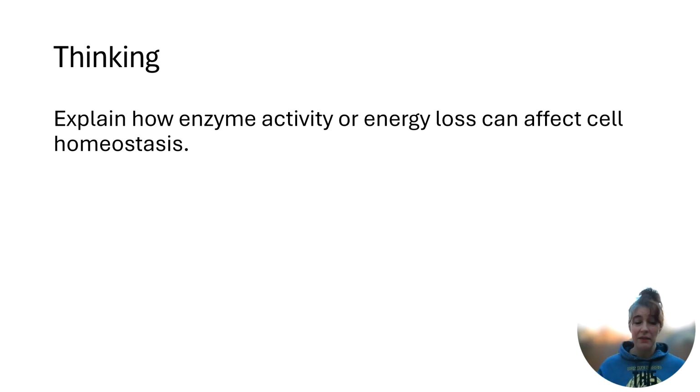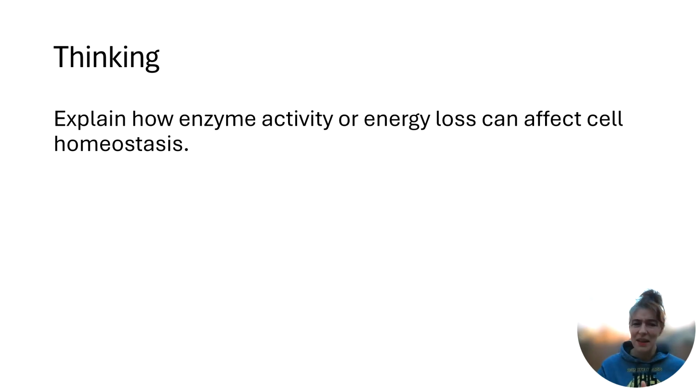It doesn't want to have an environment that it's not well meshed with, so that hypertonic, hypotonic. It doesn't want to use energy needlessly. That's why we have enzymes. They're there to help make us use less energy and do it in a very efficient and fast way. And we don't want to lose energy or anything in the process.